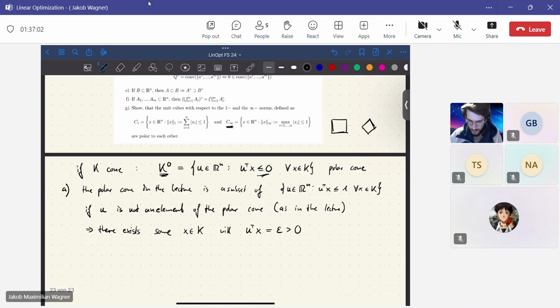Because if it's not in the element, then it doesn't satisfy less or equal 0 for all X in K. So there is some X where we have here something slightly positive.